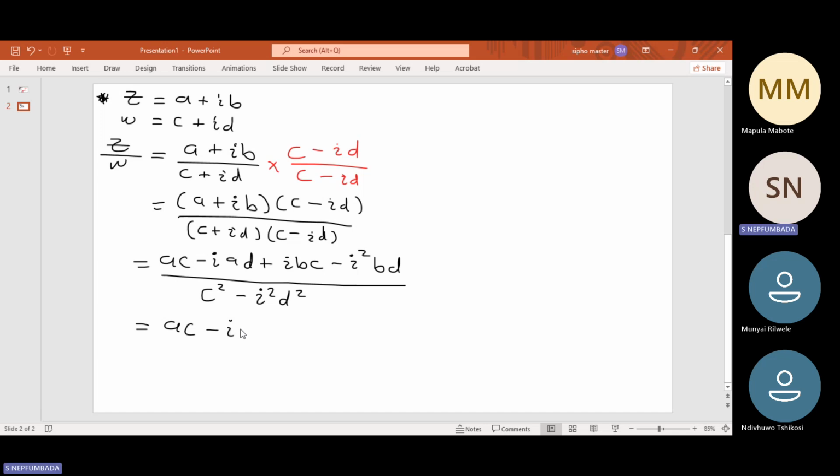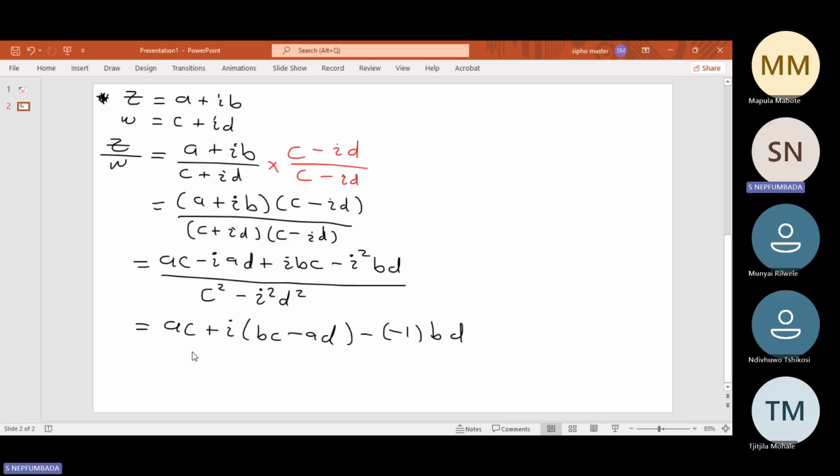Do you want us to remove the bracket? Let's say this is plus i outside, then it means we have bc minus ad. Then minus open bracket minus 1 bd. Why did we have minus open bracket minus 1 bd?